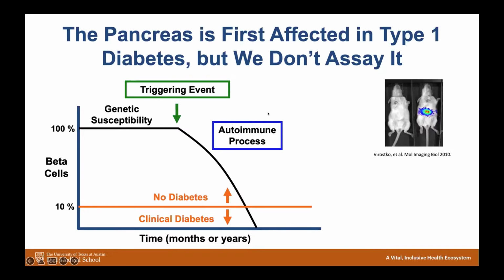And so when I was in graduate school, we made a transgenic mouse model where we expressed the luciferase reporter gene, the same gene that makes fireflies glow. We expressed that under the insulin promoter in these transgenic mice, and then using these really sensitive cameras that could detect really small amounts of light, we could actually image the light coming out of the pancreas of these mice.